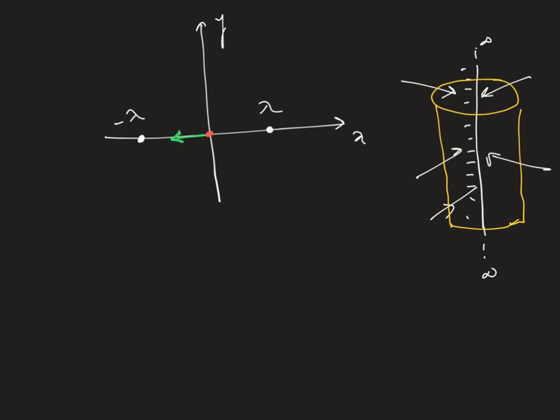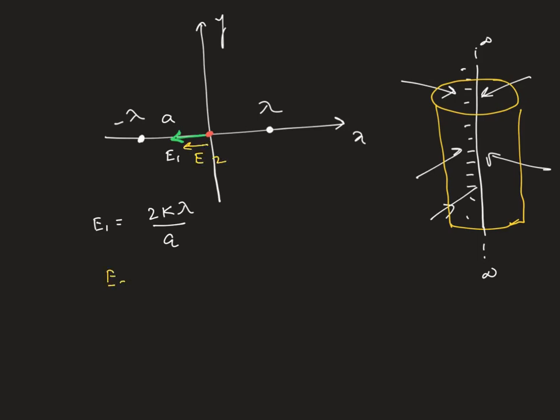and what is its value going to be? Let me call this E1, and E1 is going to be 2kλ divided by a. What is a? a is the distance. Likewise, the field due to the positive charge here will be away. So let me draw that too. It will be away and it will be E2.